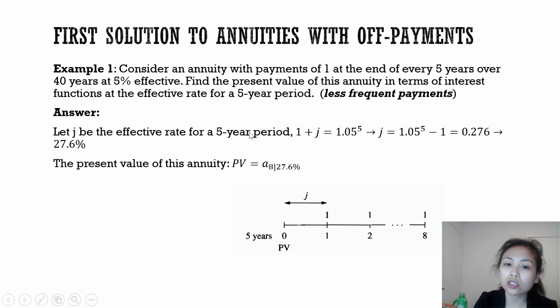So from the interest 5% annually, we find J, which is 27.6% every 5 years. So the present value of this annuity is just basically an annuity immediate of 8 payments, in which the effective rate of interest is 27.6%. So this is the first approach.